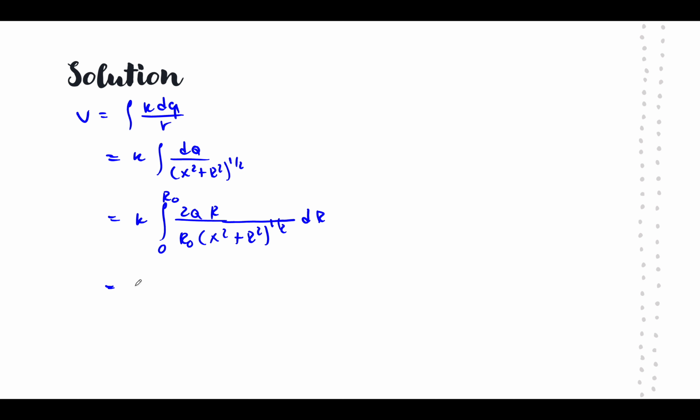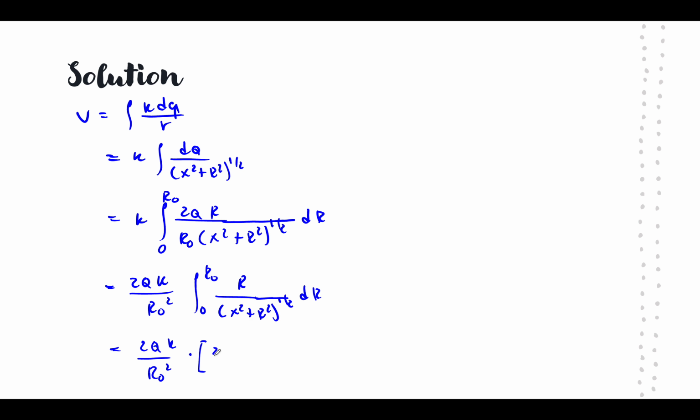Taking out the constants that I can find, it's going to be 2q times k over R0 squared times the integral from 0 to R0 of R over x squared plus R squared to the 1/2 dr. This right here is u to the n du, so I can use the laws of integration that I need, and this equals 2qk over R0 squared times 2 times x squared plus R squared to the power of positive 1/2 divided by 2, evaluated from 0 to R0.